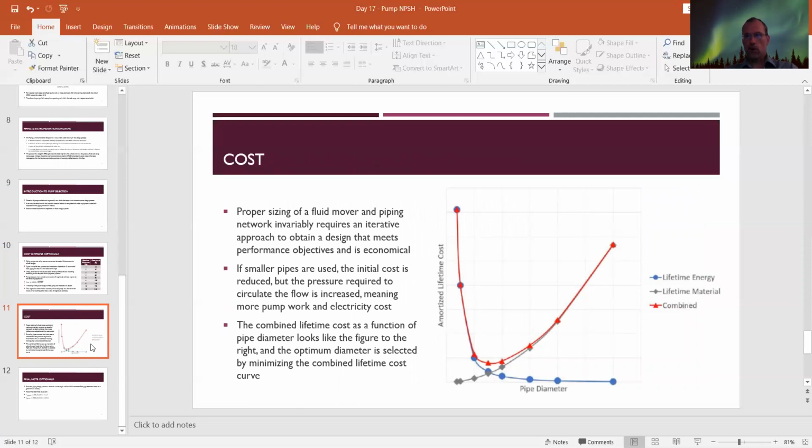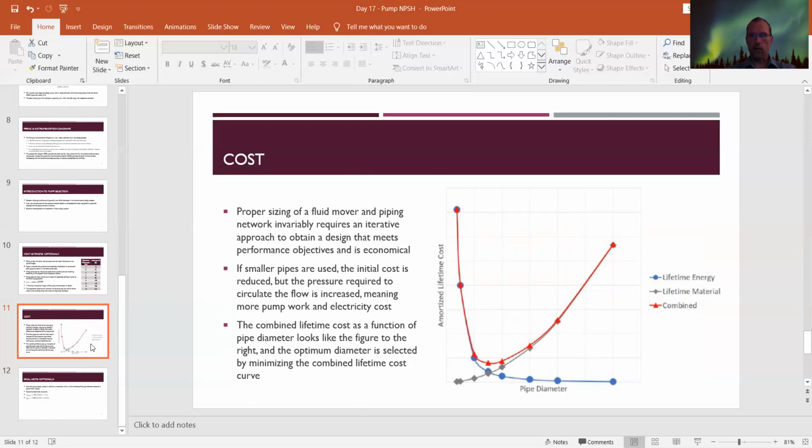So another thing that we can see from the previous table, as I said, is that as the pipe diameter increases, I have a larger cost associated with it. But on the other hand, if I have a larger diameter pipe, that's going to have less friction involved with it, less head loss involved with it, and therefore less power associated with having to get the fluid through there. And so you have to look at two things, the lifetime energy cost and the lifetime material cost.